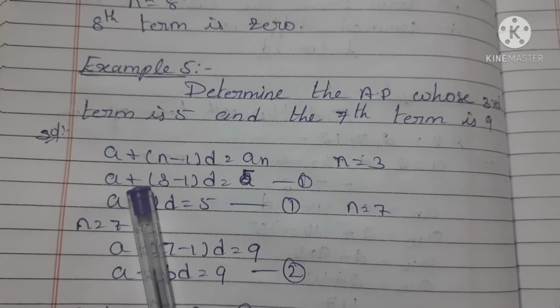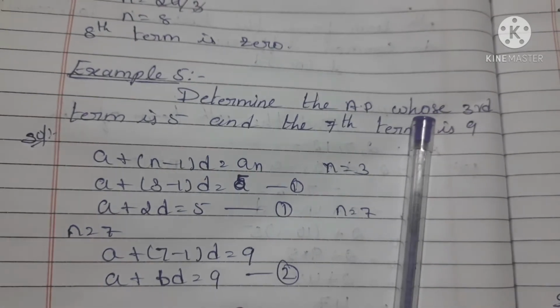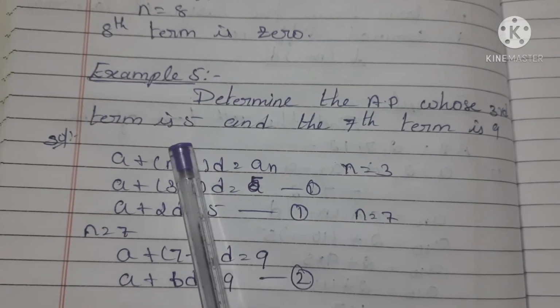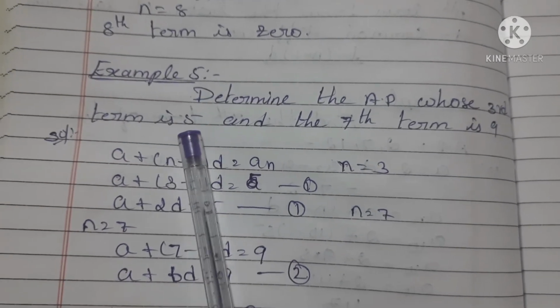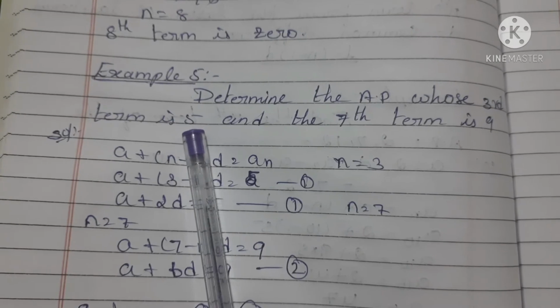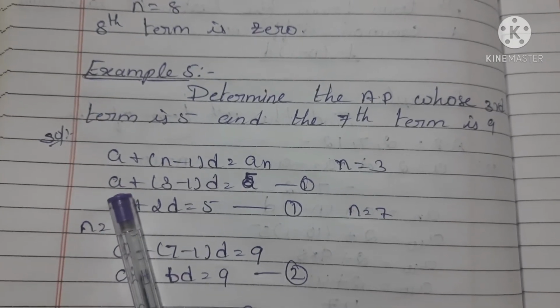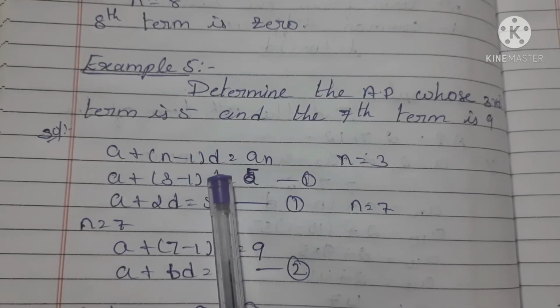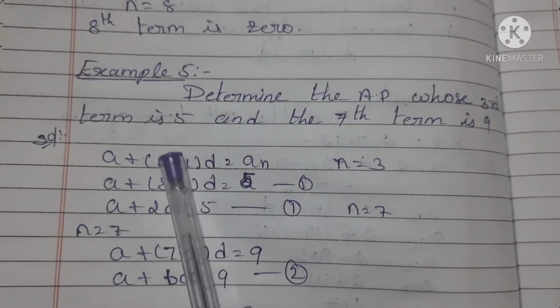See, for the third term, n is equal to 3 and the third term is 5. That means an is equal to 5. A plus (3 minus 1) into d is equal to 5.